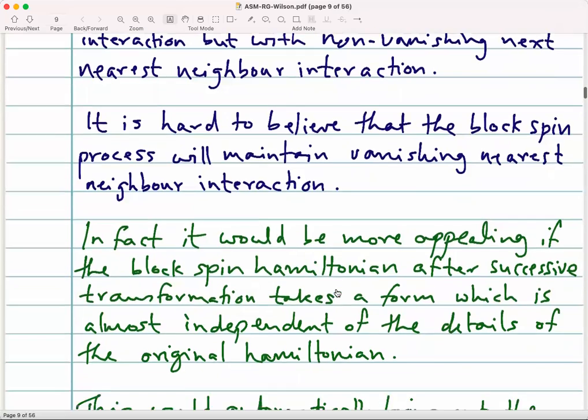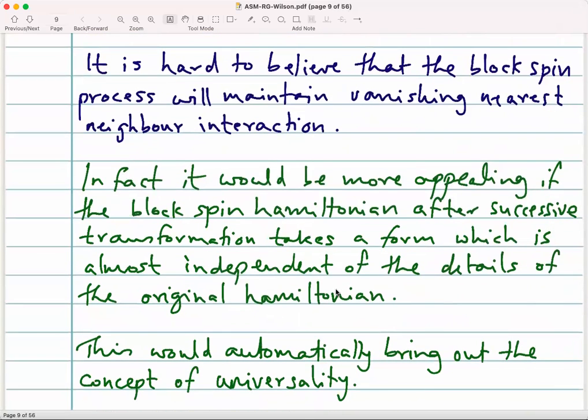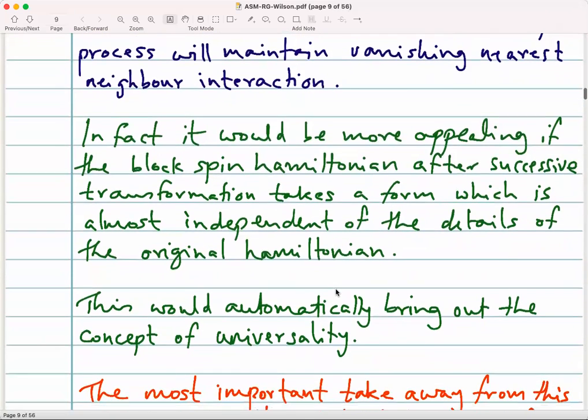If that is what happens, the system would automatically get into a universal behavior.